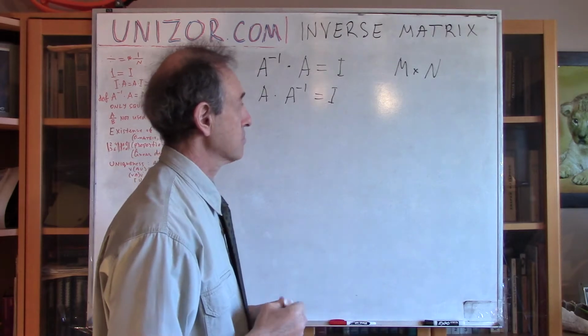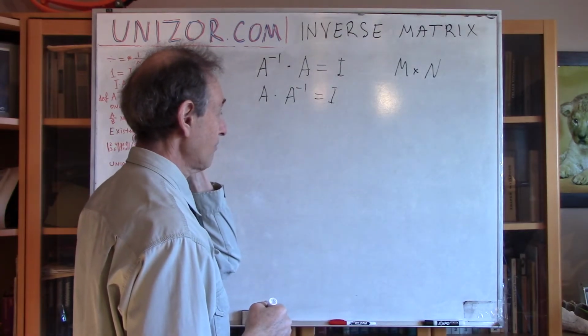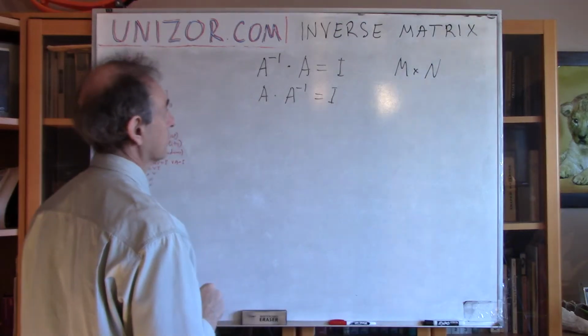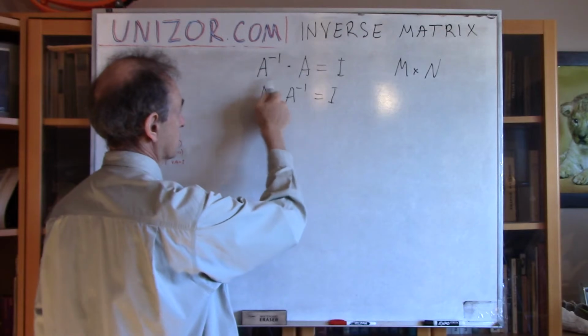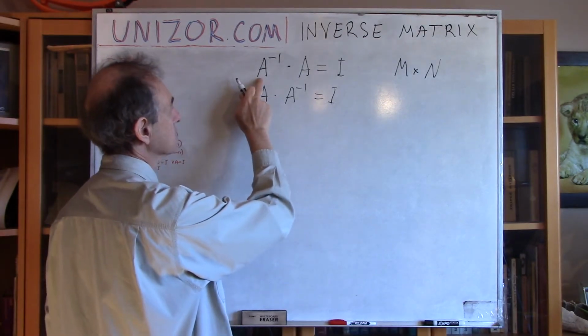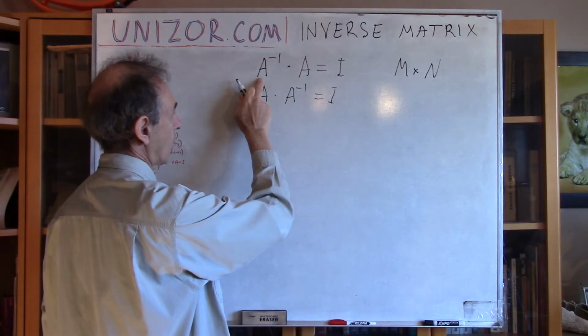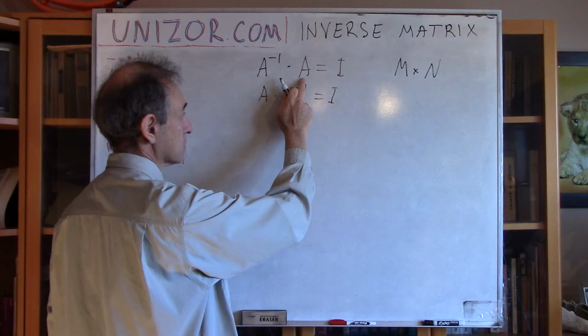Does it have an inverse matrix? Well, let's just think about it. We would like to specify this and this, which means that the number of columns in the inverse matrix should be the same as number of rows here.